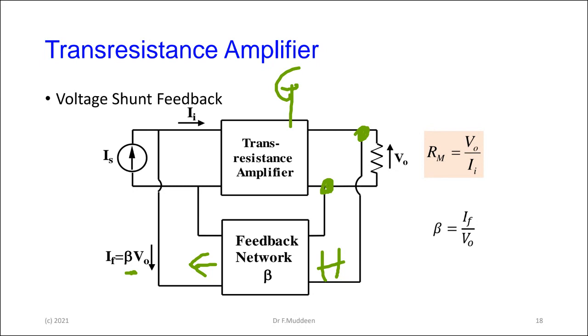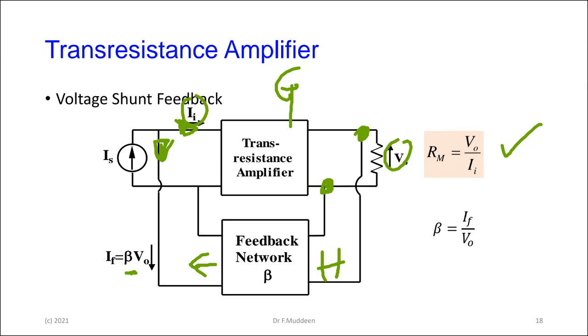But again, we're dealing with negative feedback. So notice that the source current is splitting between IF and IS. In other words, the current I going into the amplifier, IS, has been reduced by the amount of the feedback. That's negative feedback again. And of course, for the transresistance, you have the forward gain, which is the ratio of out over in.